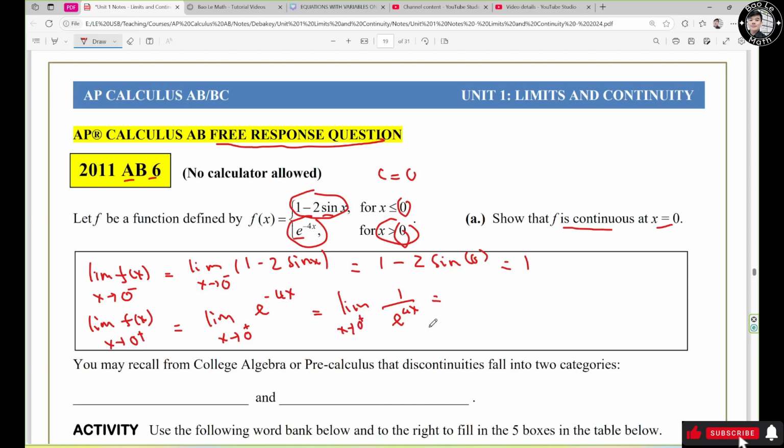Now substitute 0 for s, I have 1 over e to the power of 0, and it's going to be 1 over 1, so it's going to be 1.